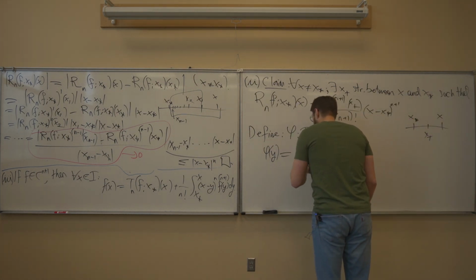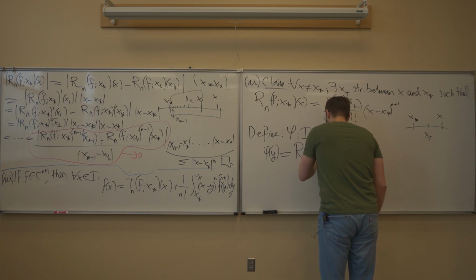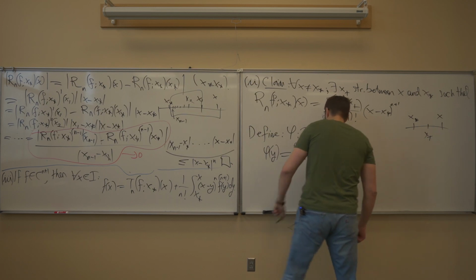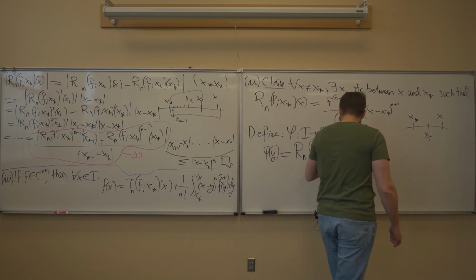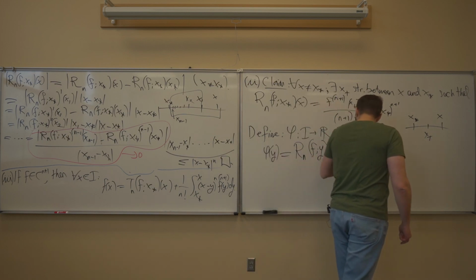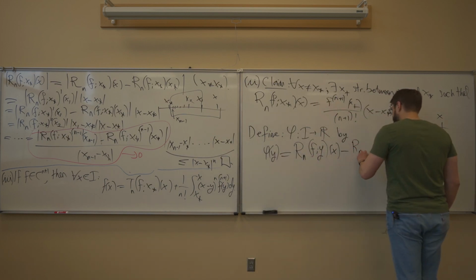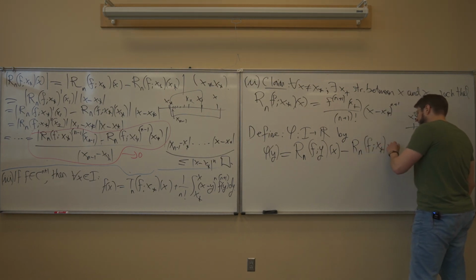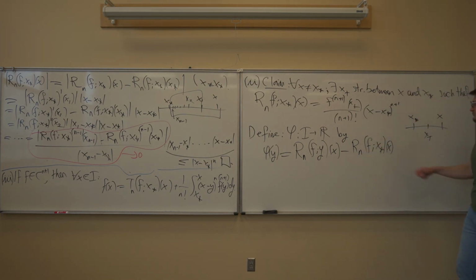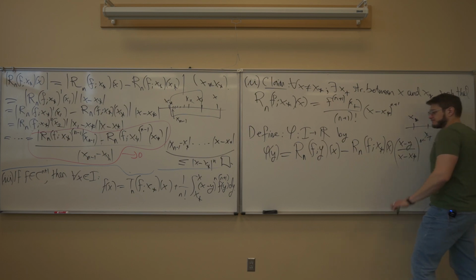Now I'm defining this to be the remainder function at y, my input, evaluated at x, minus the remainder function at x star, evaluated at x again, times x minus y divided by x minus x star raised to the power n plus 1.